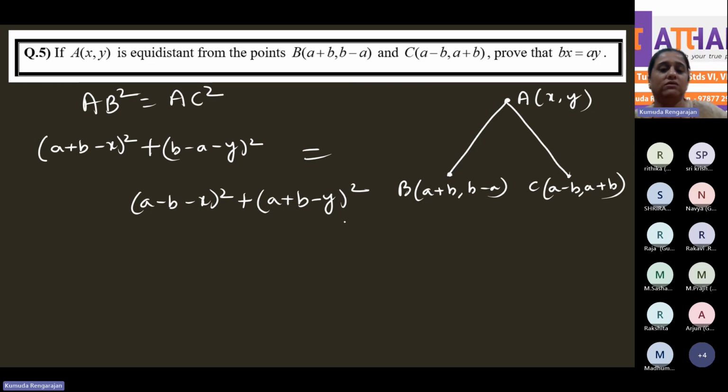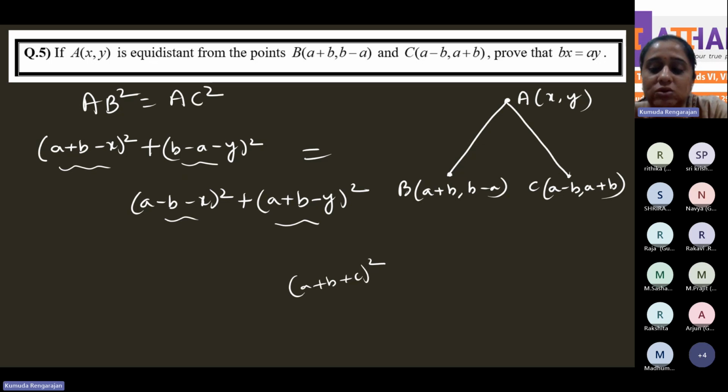Now it's very important. At this point, if you have to expand this, it's going to be time consuming. You will have to use the identity A plus B plus C the whole square. Who can expand A plus B plus C the whole square?